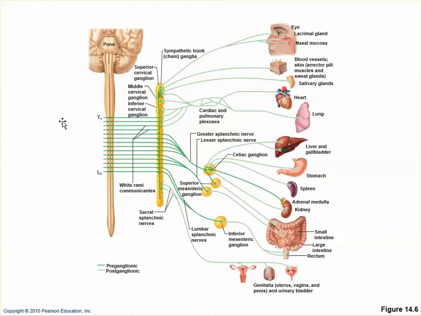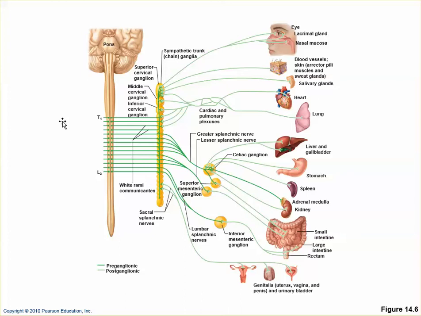That doesn't mean that they're not cervical ganglion. The nerves that go up into the cervical ganglion start in the thoracic. They're called white rami communicantes because they are myelinated and they communicate with the ganglion.